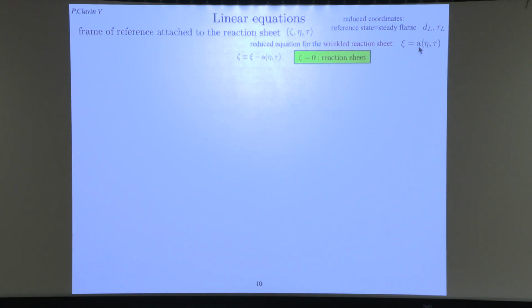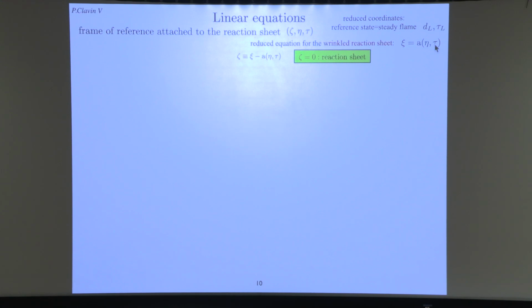This small a here is a reduced flame displacement, local, depending on the transverse component, and the time.